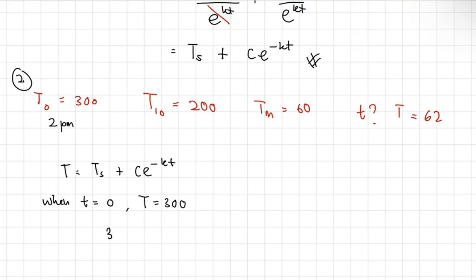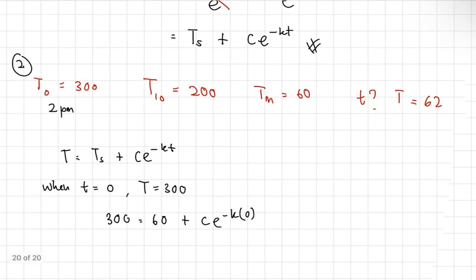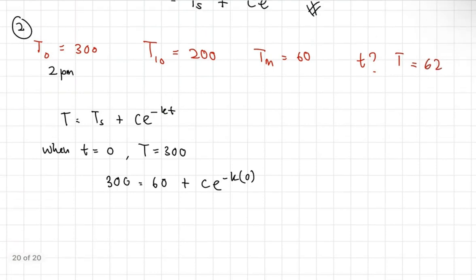So 300 equals 60 plus C exponent minus k times 0. So 300 minus 60, 240 equals C multiplied by 1. So here we know that C is 240 degrees.